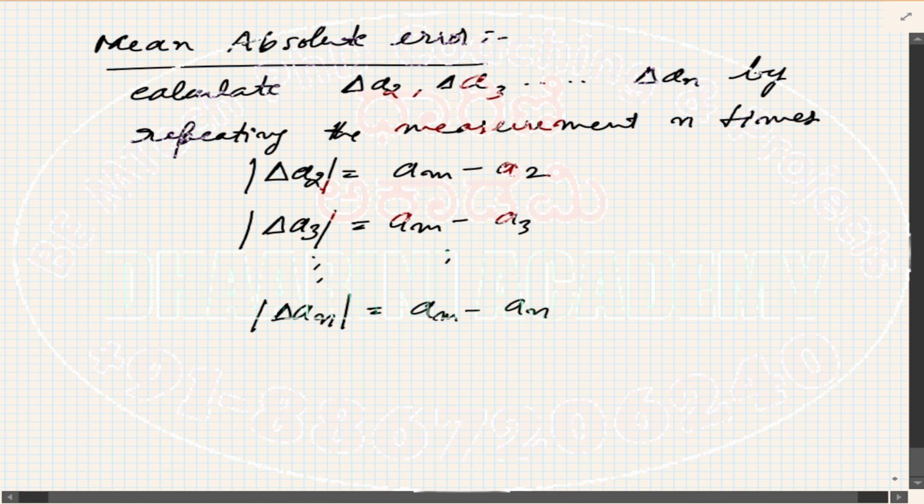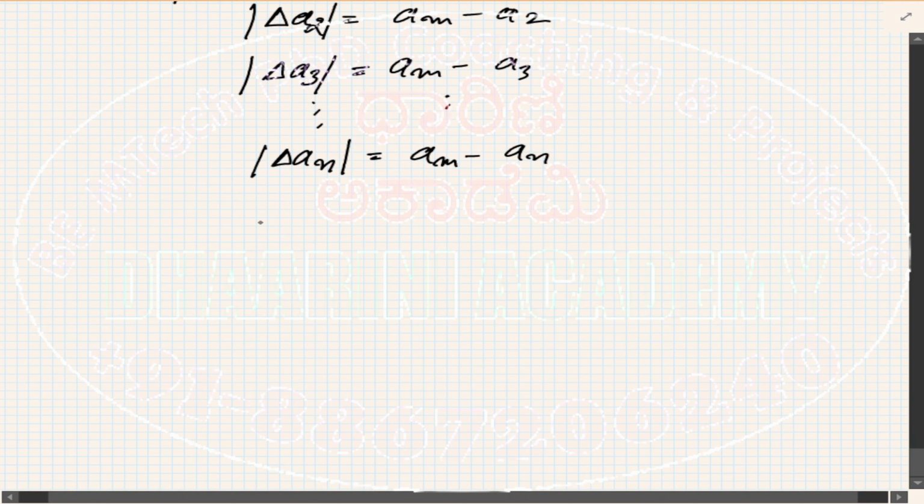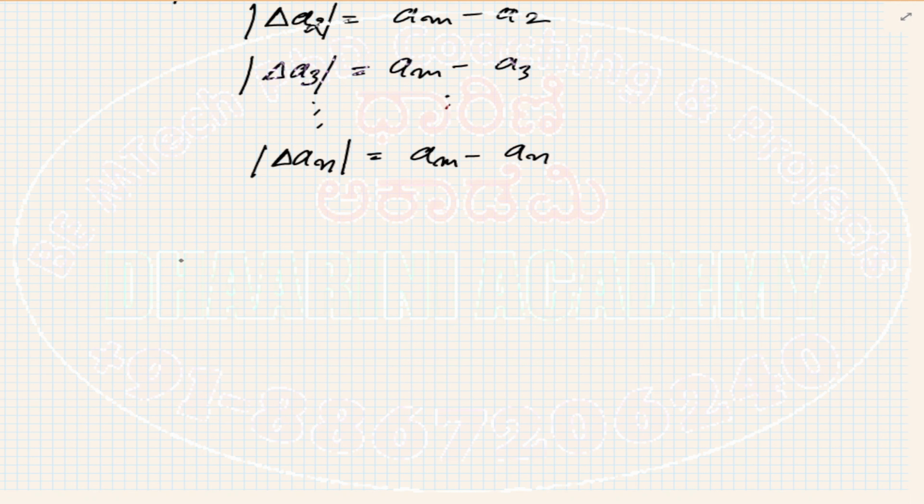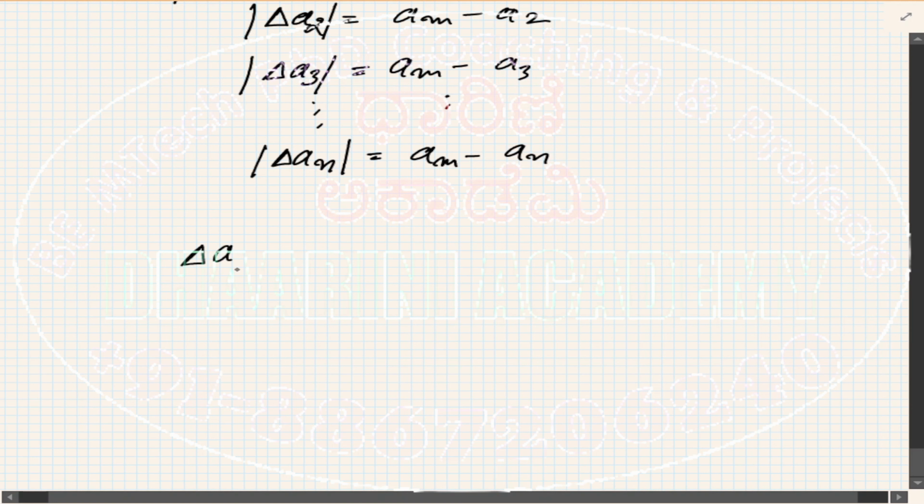Then we write the mean of the absolute value. We try to calculate the average value of these errors. So this is delta A, its magnitude, and I'm trying to calculate the mean.